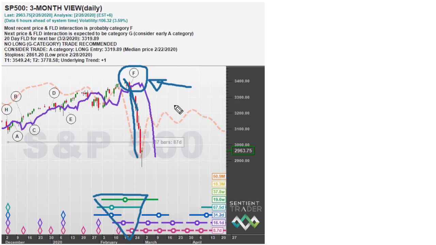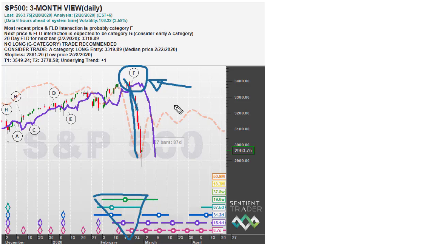If you enter into a trade thinking this is a D trade and it turns out to be an F trade, wow, that's actually good news, because it means that you're likely to get a bigger move than you expected previously. So in terms of the Hurst signal system and trading using this methodology with the FLD, if you think you're entering a D category trade and it turns out to be F category, that's actually a good thing.